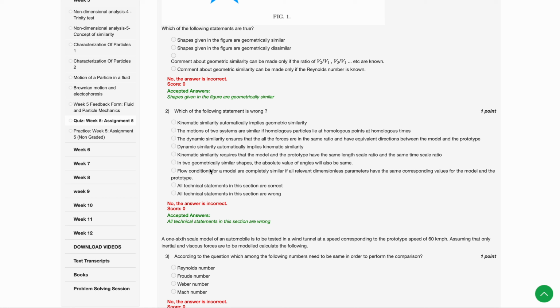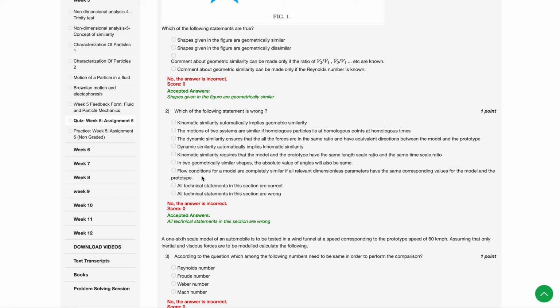In two geometrically similar shapes, the absolute value of angles will also be the same. Yes, that is true. That is why they are geometrically similar. In terms of geometry, the absolute value of the angle should be the same.